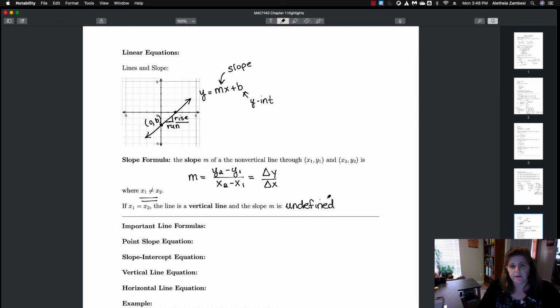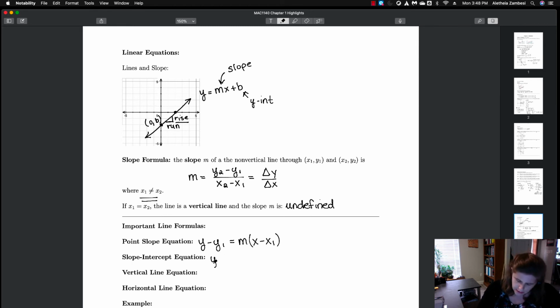We do have several formulas that have to do with lines. First one, point-slope form of the line. This is used when you have a point and you have the slope of the line. So it's y minus y1 is equal to m times x minus x1. And this is how you build that equation. Now, if you're looking at slope-intercept form, this one's probably more popular.